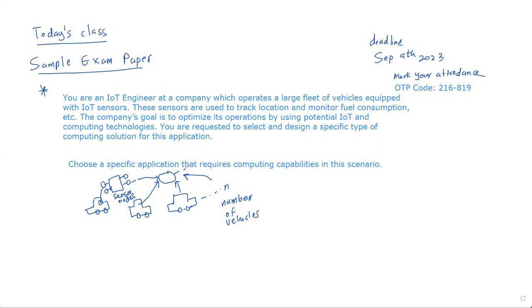The access point that collects those data will be a certain router, and that router will be connected to another router, and that router will be connected to another set of routers which constitute the public internet.